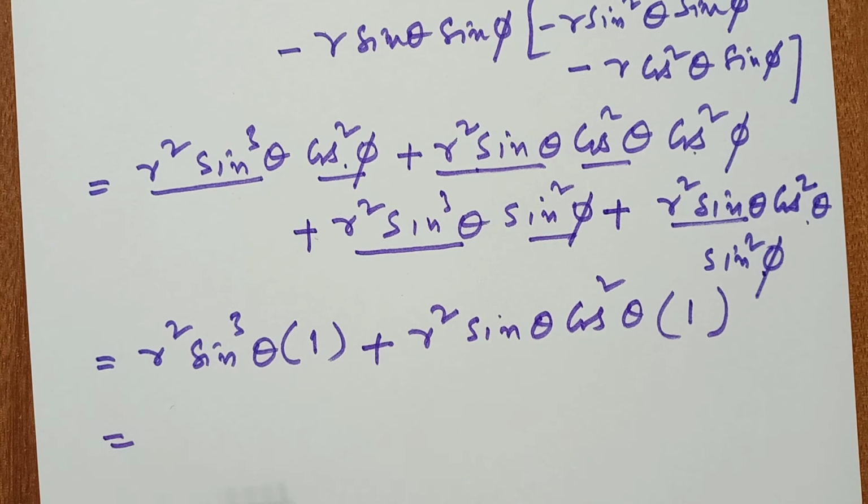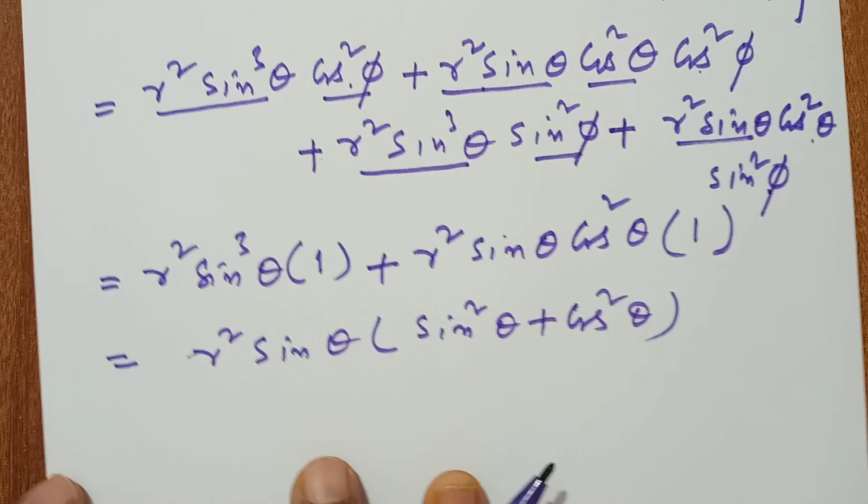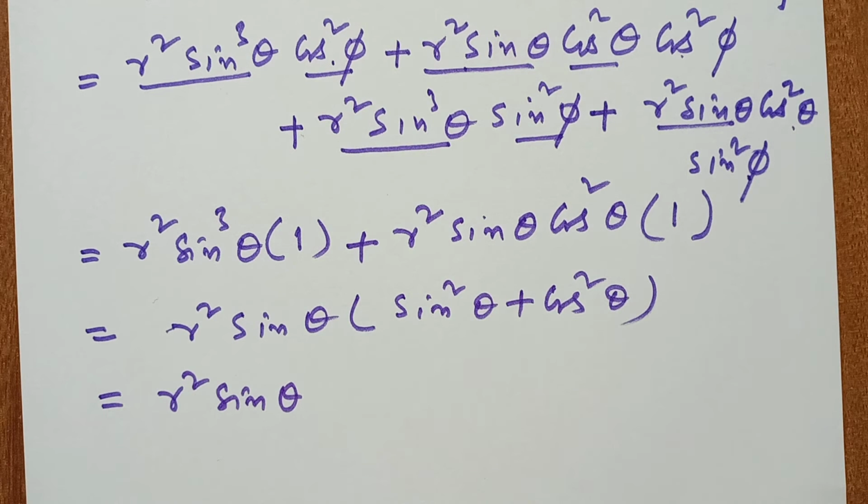Here again r square sine theta is common, so sine square theta plus cos square theta is 1, so this is equal to r square sine theta. So this is the answer.